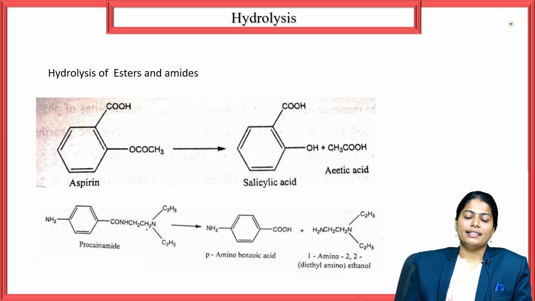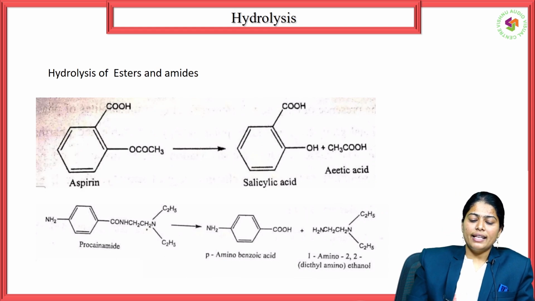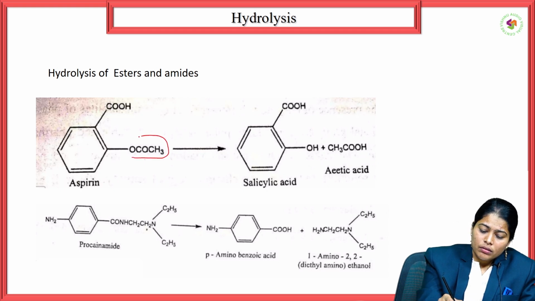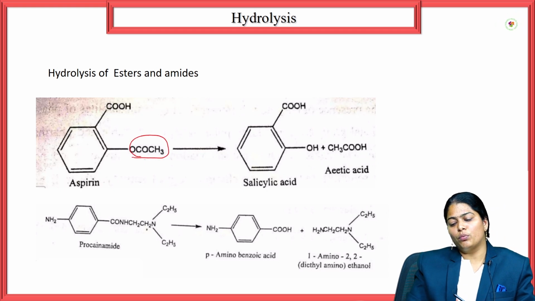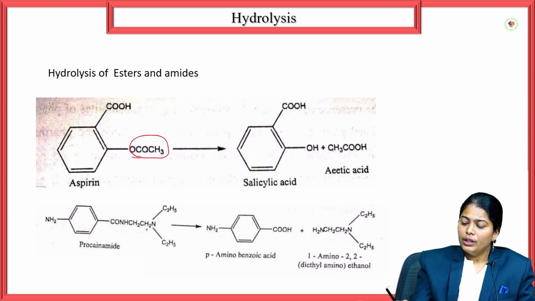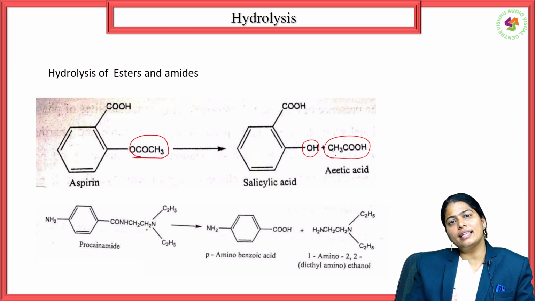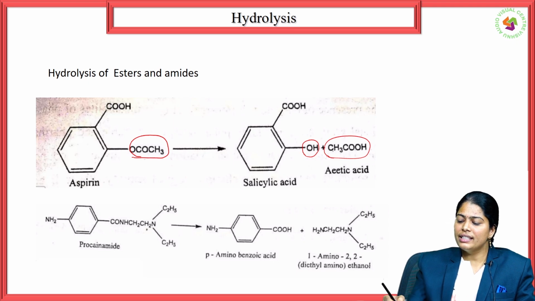See here some examples. Hydrolysis of esters and amides. See here, aspirin, which has an ester group, is converted into salicylic acid and acetic acid. As we already discussed, when any ester reacts with a water molecule, it releases acid and alcohol. In this reaction, acid is released.